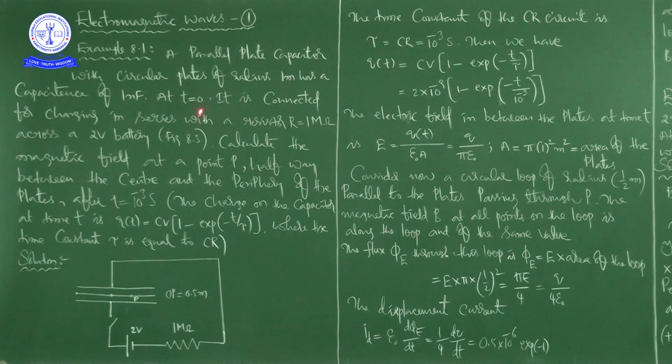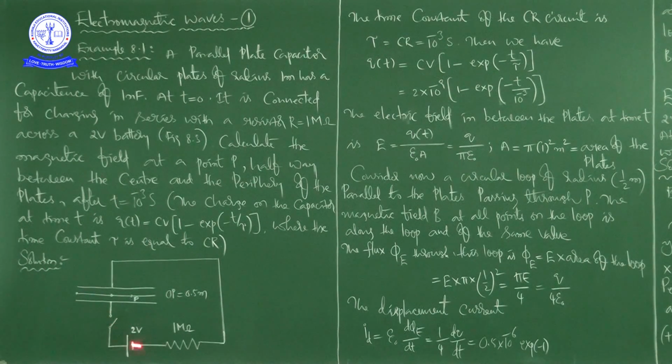At t is equal to 0, it is connected for charging in series with a resistor R is equal to 1 million ohm, that is 1 mega ohm, that is 10 to the power of 6 ohms, across a 2 volt battery.